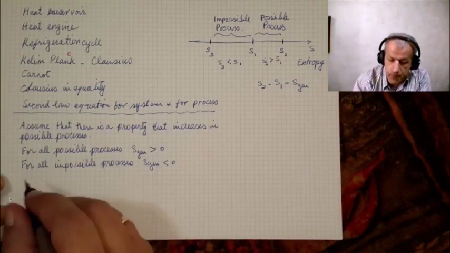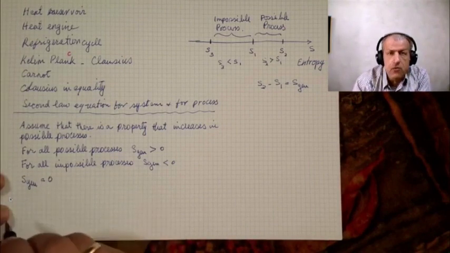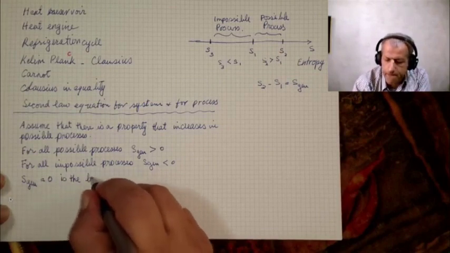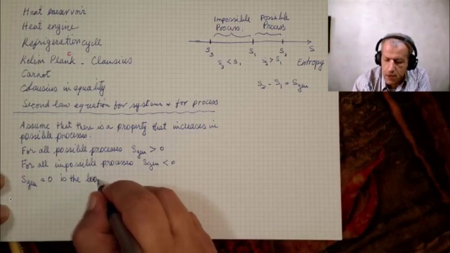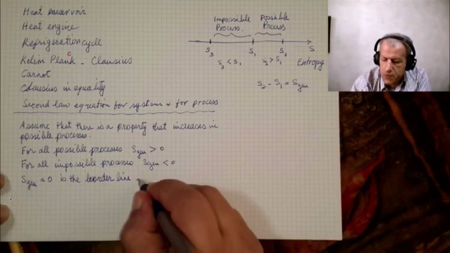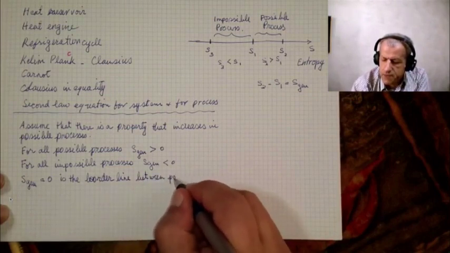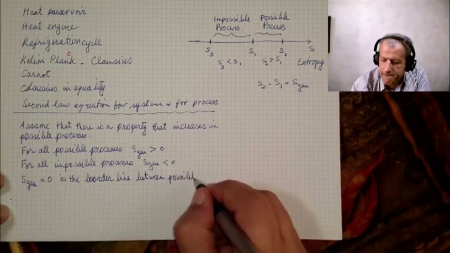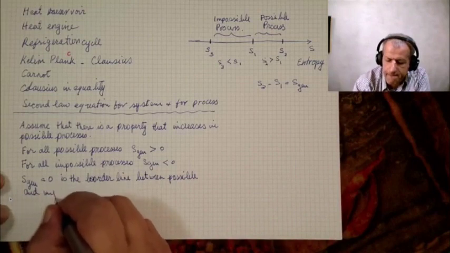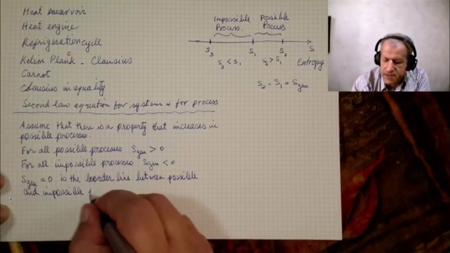So Sgen equals 0 is the borderline between possible and impossible processes.